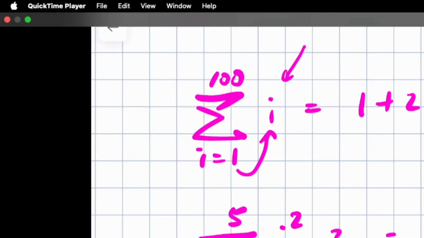Oh, n cubed, you're right. Thank you. Because we say f of x equals x squared, so we're going to plug in the 2i over n into the square.